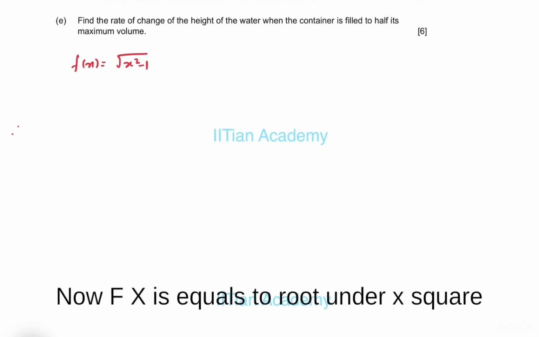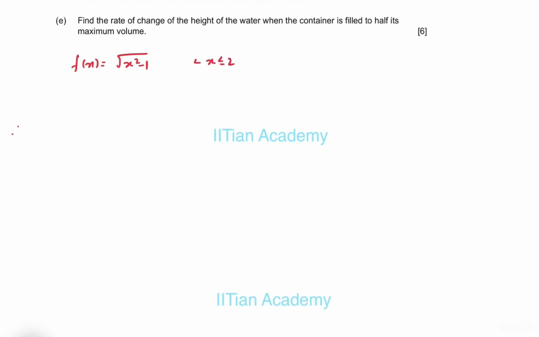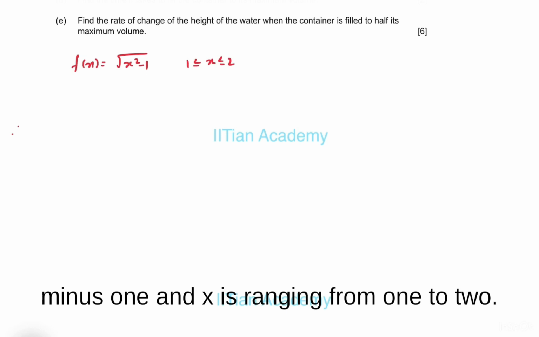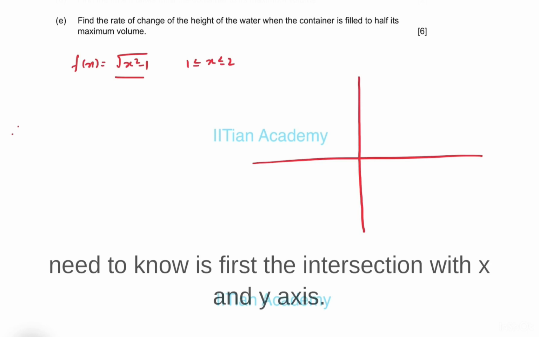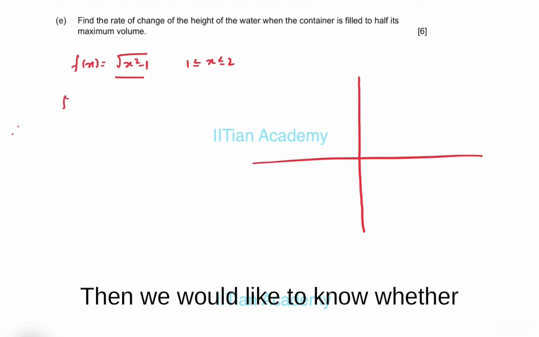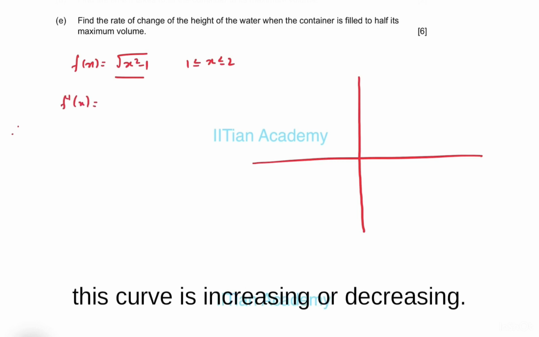So let us try to find the curve of this function. Now f(x) = root under x² − 1, and x is ranging from 1 to 2. To draw the graph, we first need to know the intersection with the x and y axes. Then we would like to know whether this curve is increasing or decreasing.